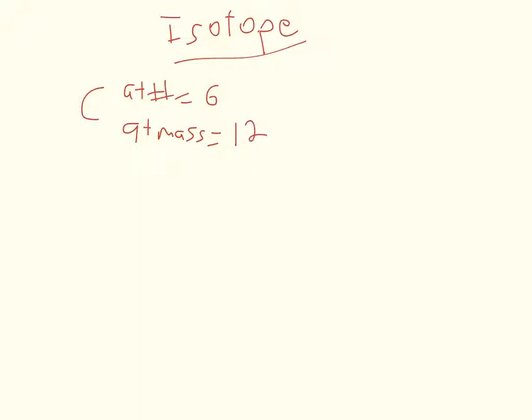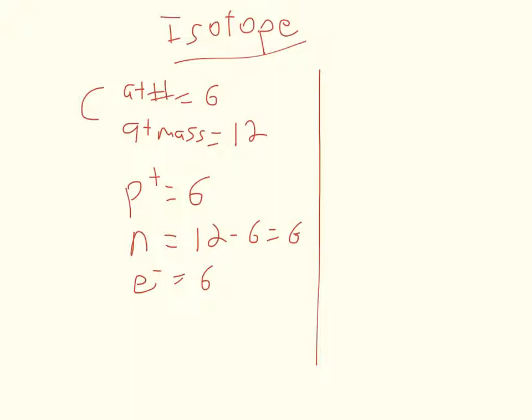Using that information, we would normally say that the number of protons is 6, and if it's a neutral atom of carbon, it would have 6 electrons. To get the number of neutrons, we would take the atomic mass, 12, minus 6, that would give us 6 neutrons. And that's your normal, most common form, or most common isotope of carbon.